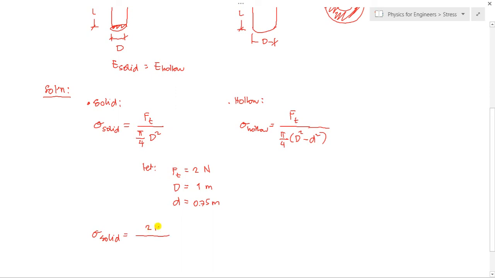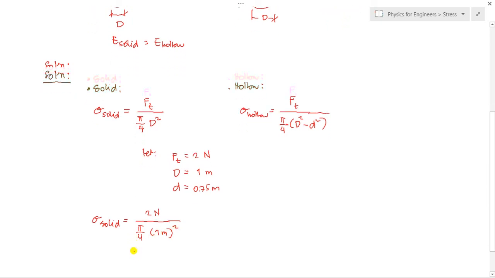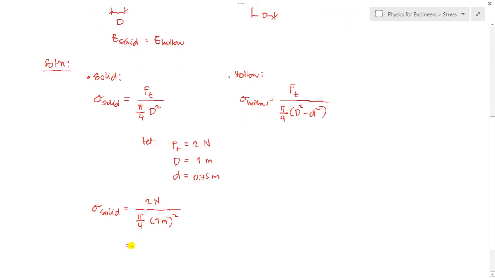So that is 2 newtons divided by pi over 4 times d, which here is 1 meter, squared. The resulting answer is in newton per meter squared, or Pascal. That is 2 divided by pi over 4 times 1 squared, so we have approximately 2.55 Pascal. That is the stress of our solid rod.